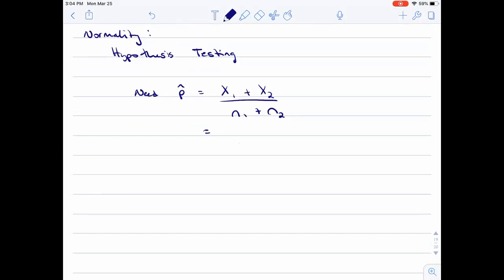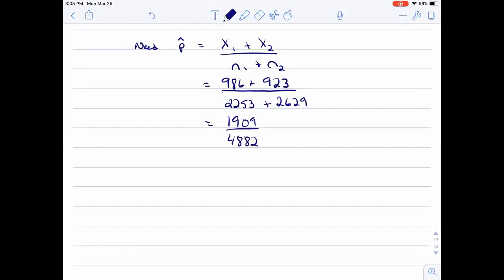That's 986 plus 923, which is 1909, over 2253 plus 2629, which is 4882. That's 0.391028267, which I'm going to round to 0.391 to 3 decimal places, otherwise it gets a little crazy.